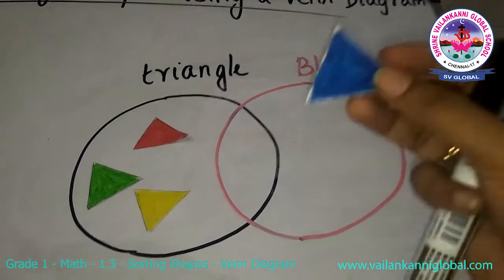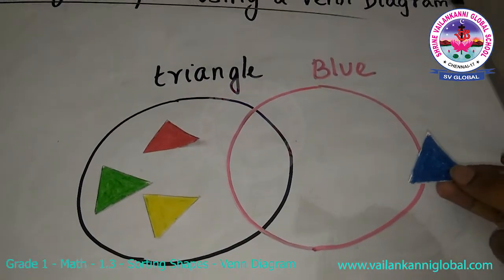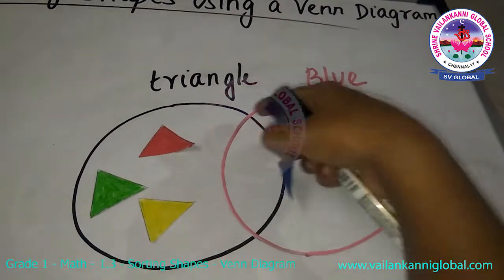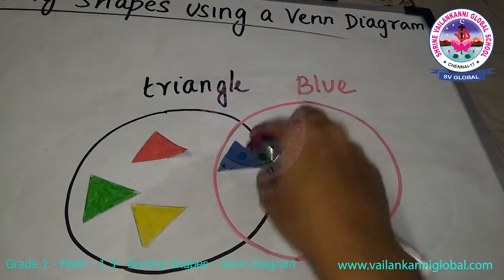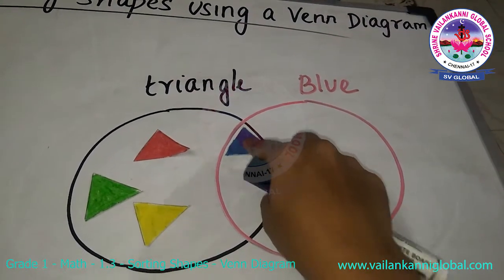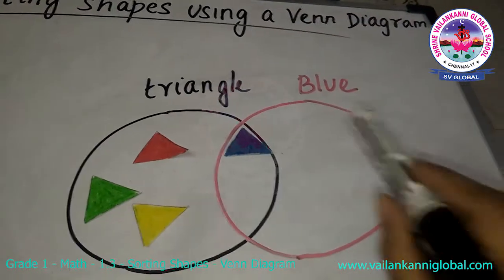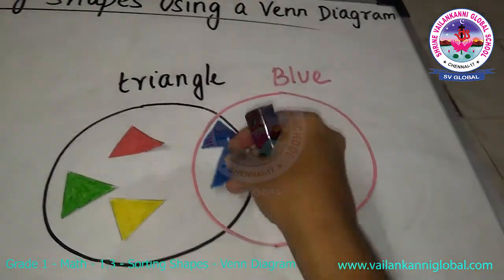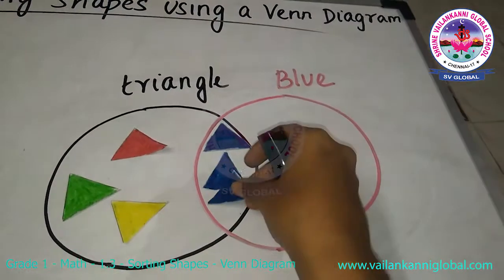When this blue color comes, we know that it belongs to this as well as this. So this part is for both. Using a Venn diagram, you can keep the shapes which are the same for both. So all the blue triangles will go over here, which is nothing but the overlap.